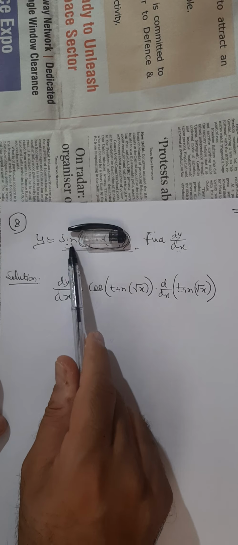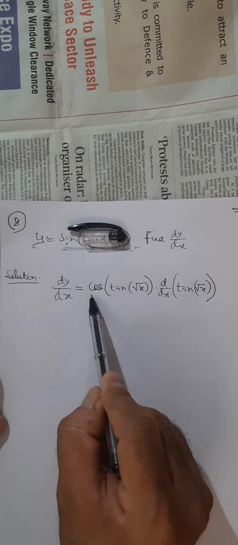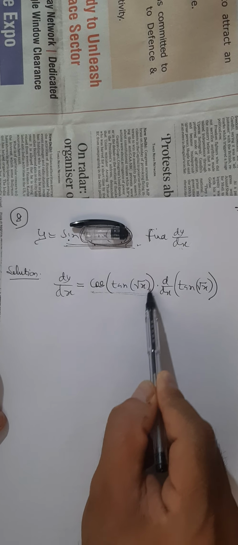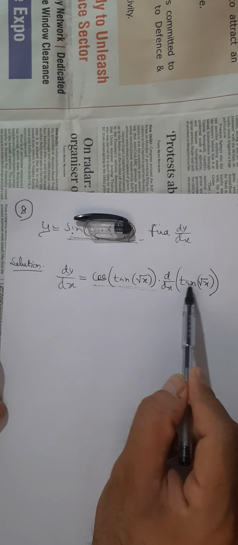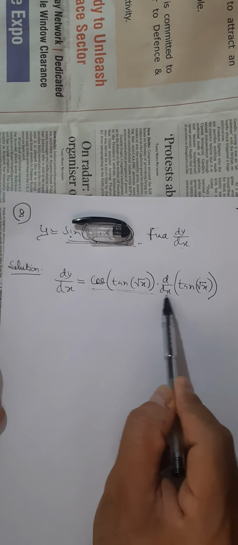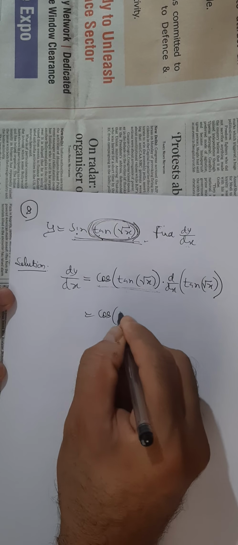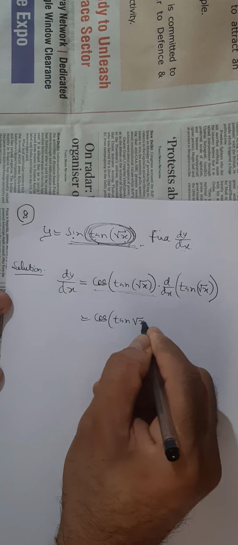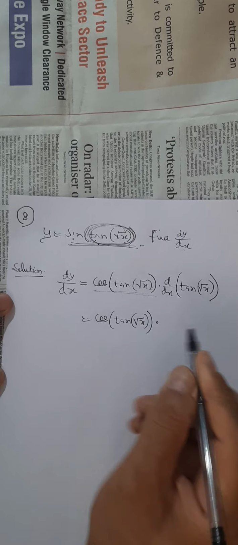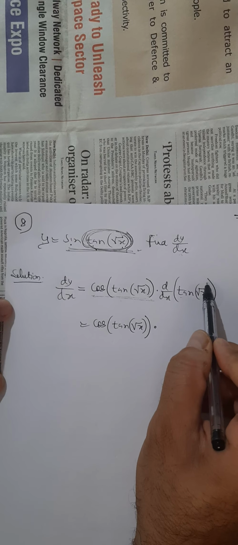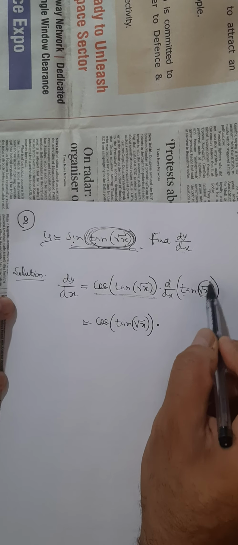So this is sine x. What is the derivative of sine x? Cos x here. Into the derivative of this, tan of root x. So I have written it as it is here. Now in the next step, this one as it is, remember, we are not going to do anything because differentiation is done. Into, now like earlier questions, this is a new question for you. Imagine this as x.